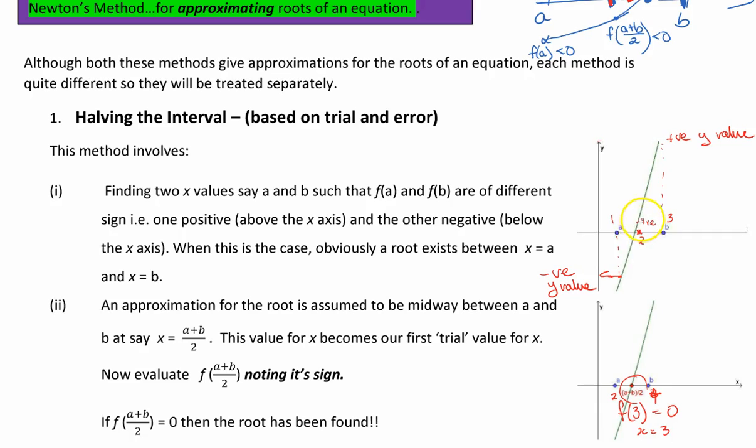What do we know? We were positive at 2, we were negative at 1. The root now occurs between 1 and 2. We can narrow it down. So we would take halfway between 1 and 2, which is 1.5. And at 1.5 we can see that our function is negative.